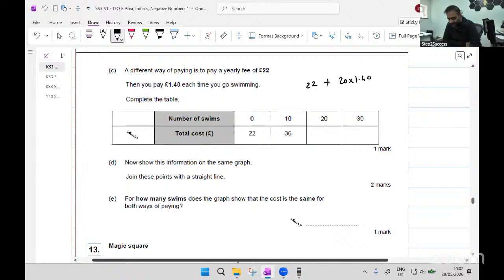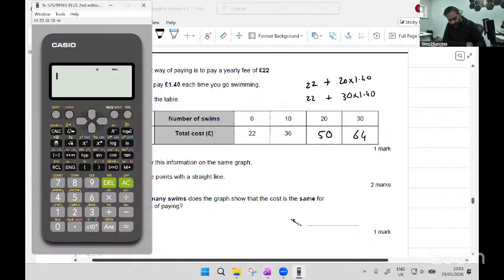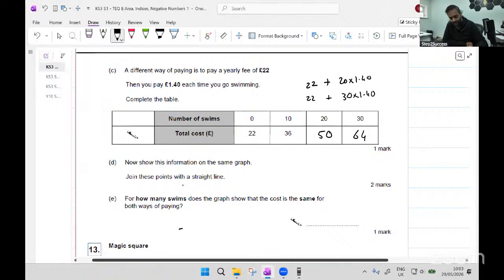That's 28. 28 plus 22 is 50. So I think that's what that's going to be. And then for 30 swims, you'd pay £22, but 30 times £1.40, which I think, based on this pattern, is going to be £64. £22 anyway, plus 30 swims at £1.40 a swim is £64.